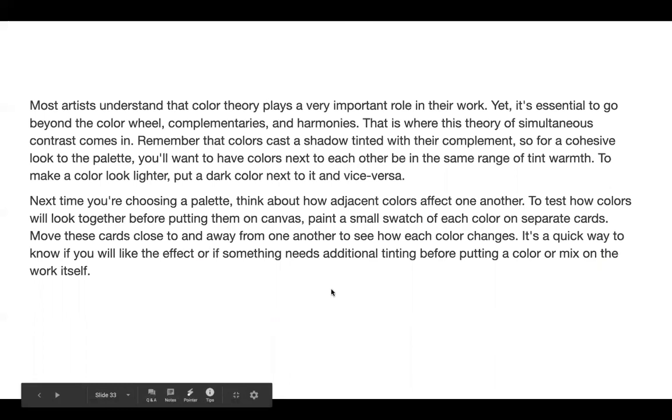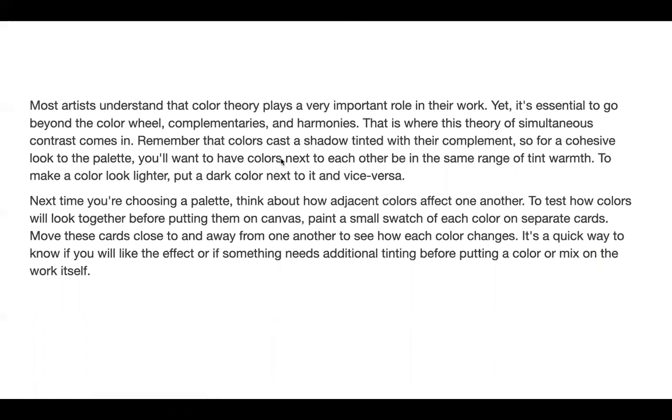Okay, so I guess I'll just read this. Most artists understand that color theory plays a very important role in their work, yet it's really essential to go beyond the color wheel, beyond all of these theories, and that's where simultaneous contrast comes in. So remember that color casts a shadow tinted with its complement. So for a cohesive look to the palette, you'll want to have colors next to each other that are in the same range of tint warmth.